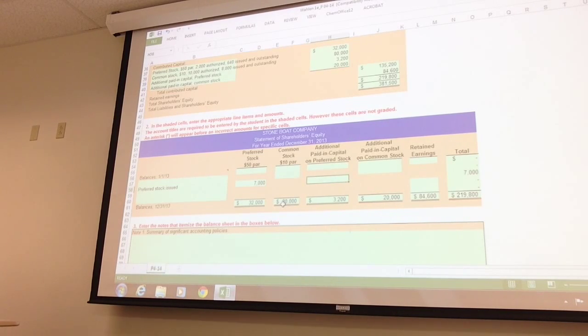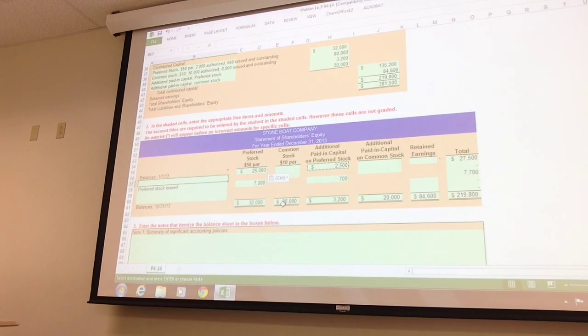Okay, so that's 50 of the $55, and that leaves another 700 of additional paid-in capital. So this minus that gives us a beginning balance of 2,500. And that'll be the same here. So just subtracting one from the other.